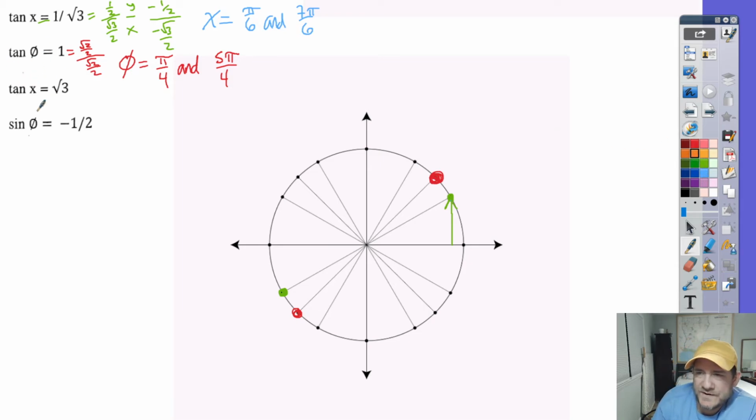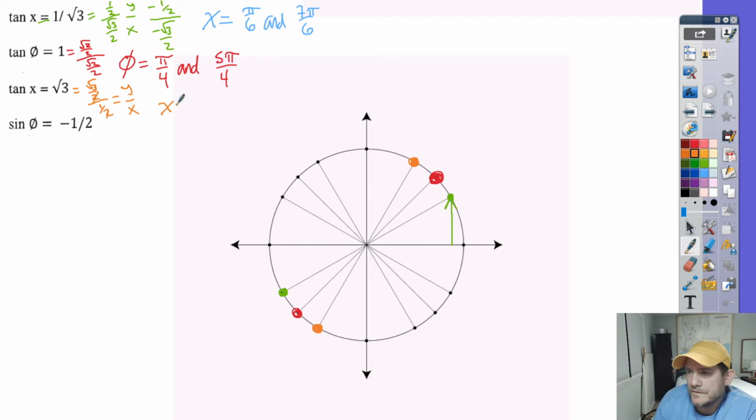So when does tangent equal root 3? Well, it would be root 3 when the numerator is root 3 over 2 and the denominator is 1/2. Then the 2's would cancel, giving you your thing. And with tangent, it's y in the numerator. So when does y equal root 3 over 2? Right here. And here.